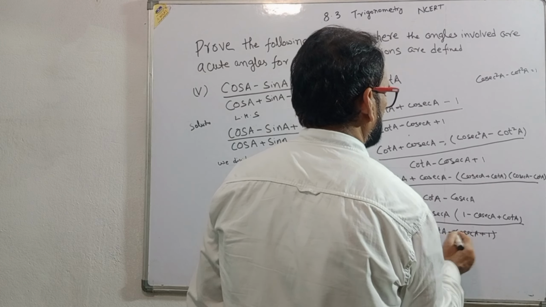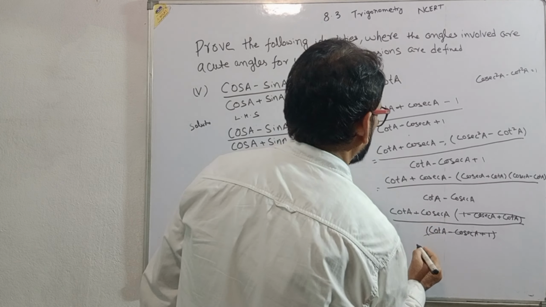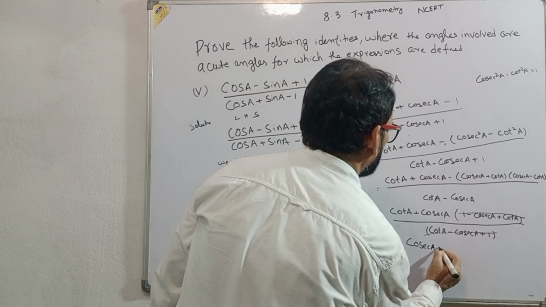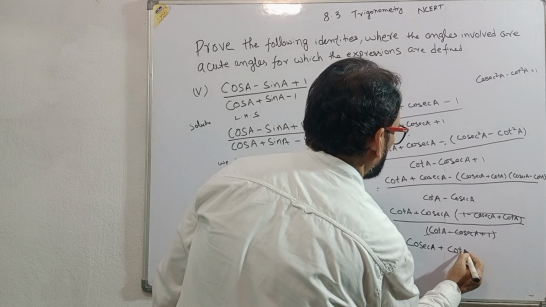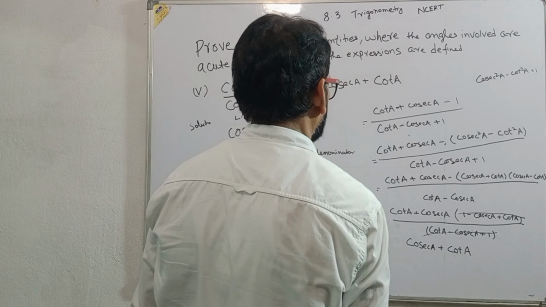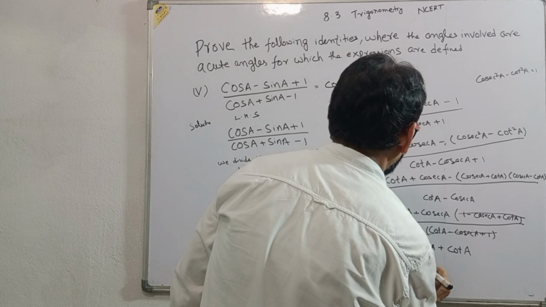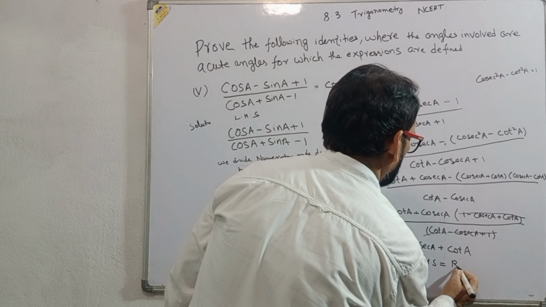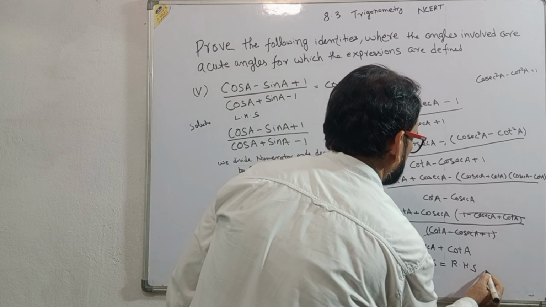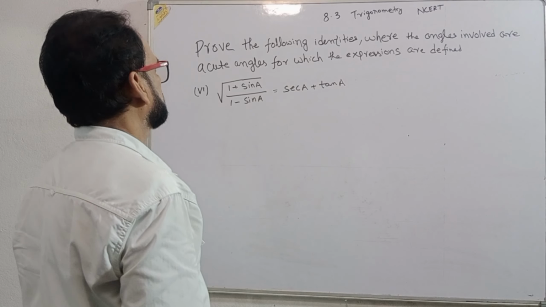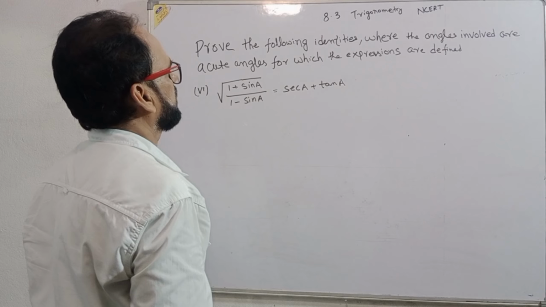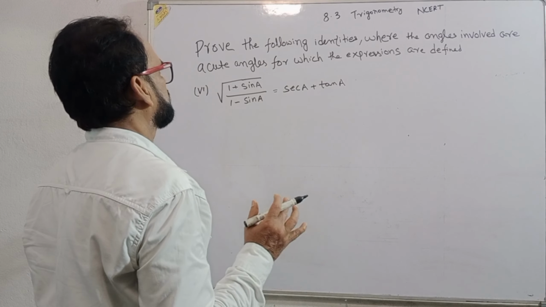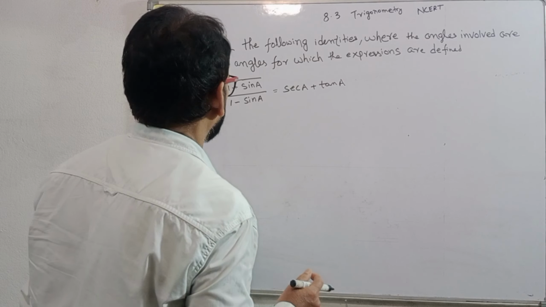Here this one cutting. Now cosec A plus cot A, proved. LHS equal to RHS. Question 6. Prove the following identities where the angles involved are acute angles for which the expression are defined.